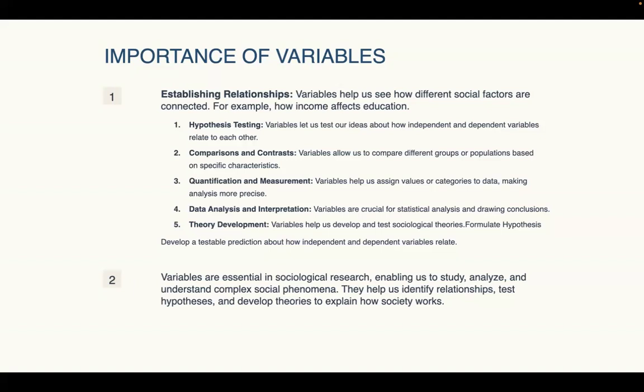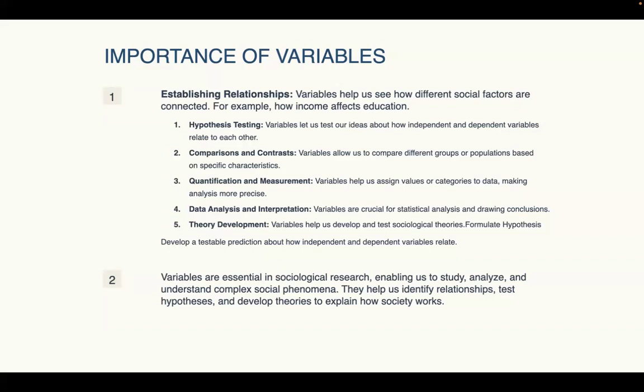If we do not have variables, we cannot have a basic interrelationship between different social factors that we will test while we do the research. That basic statement that we think is true and which we test is dependent on the variable.